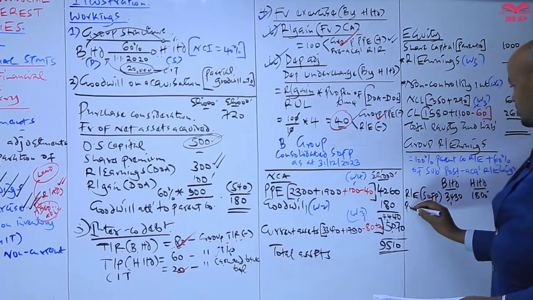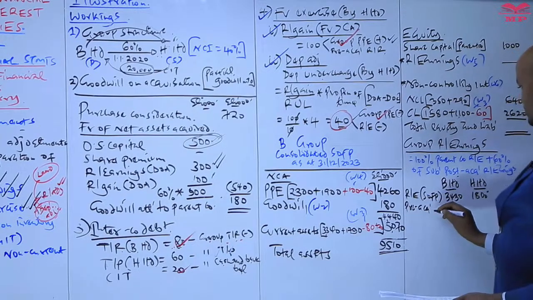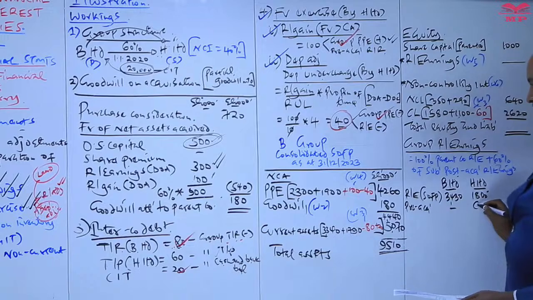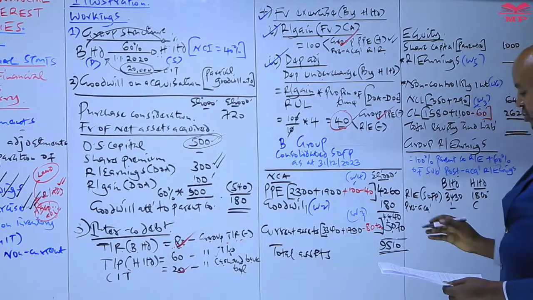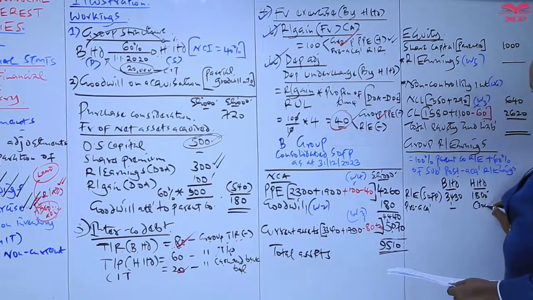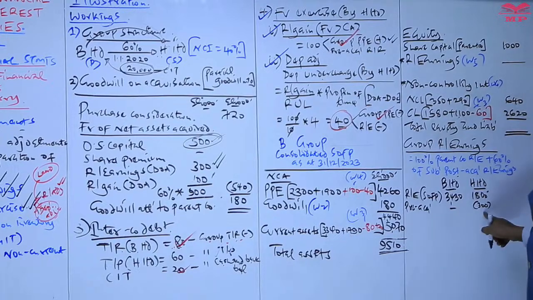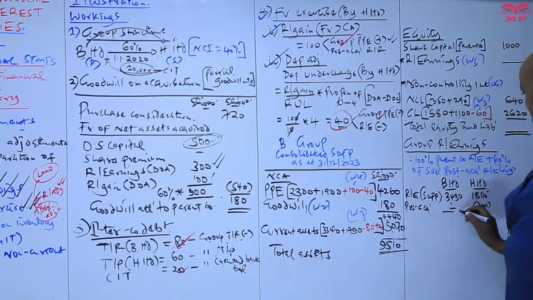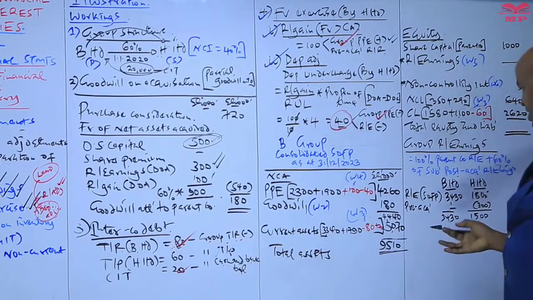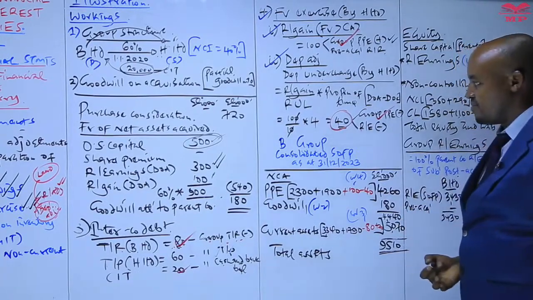So to get the post-acquisition, we less the pre-acquisition. At the date the subsidiary was acquired, it had retained earnings of 300. So after deducting that, we will be left with the post-acquisition retained earnings, 3430, and then we get 1500.